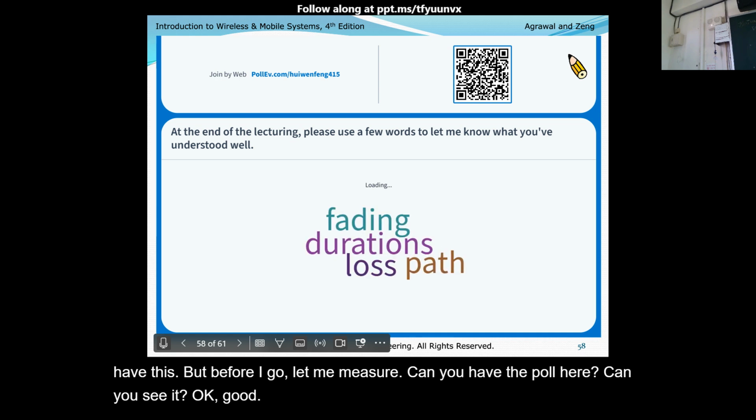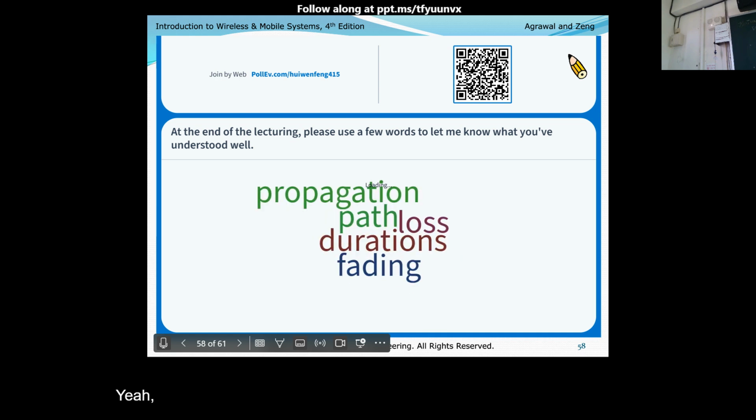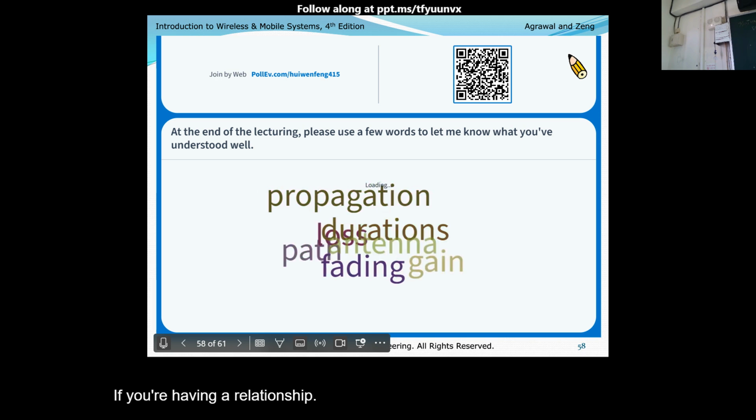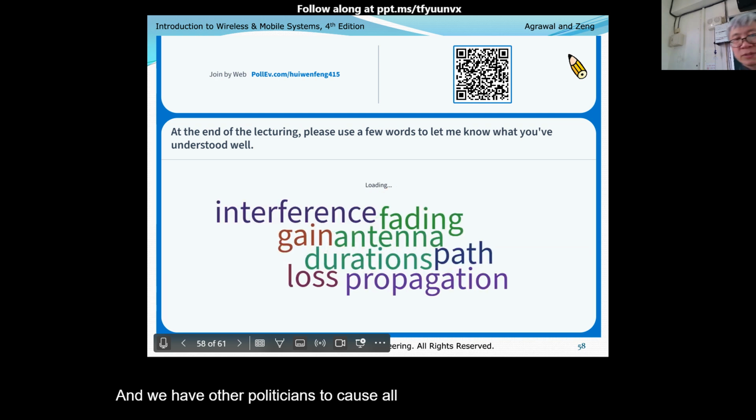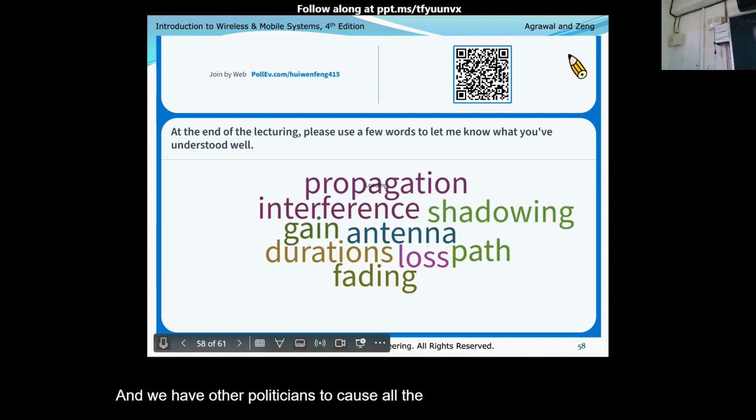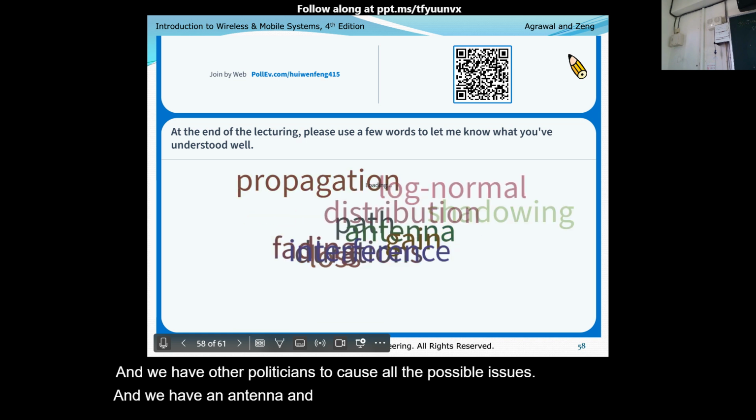Yes, pass loss is correct. And the fading duration. And we have the propagation that causes all the possible issues. And we have an antenna, and antenna can have different gain.